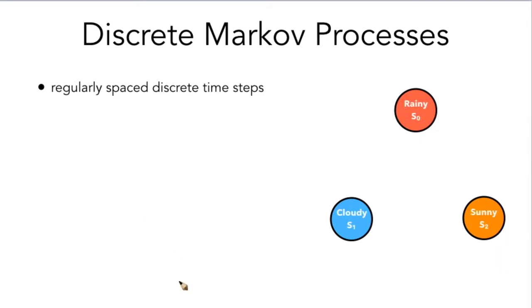Now the second important property of discrete Markov processes is that we have some notion of discrete time. To indicate time, we will introduce a new variable t, which ranges from 0 to capital T, which denotes our final time step. During each of these time steps, our system has a state that is either rainy, cloudy, or sunny.